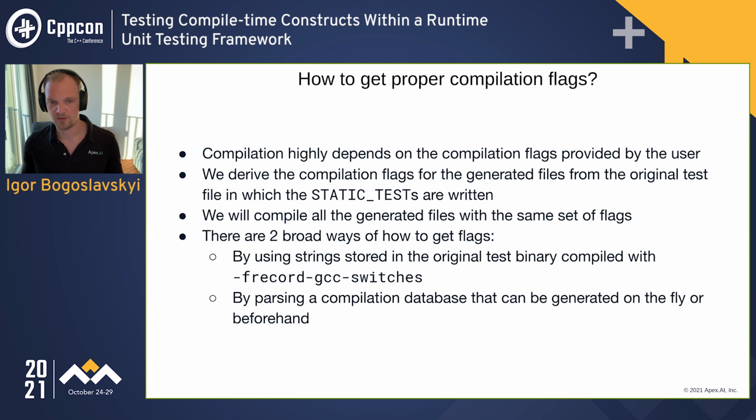I believe there are two broad ways to do that, and this external script takes care of that too. We either compile our tests with the -frecord-gcc-switches flag. We mostly work on Linux, and I believe that both GCC and Clang support this flag, and they can record all of the compilation parameters into the strings part of the actual binary.